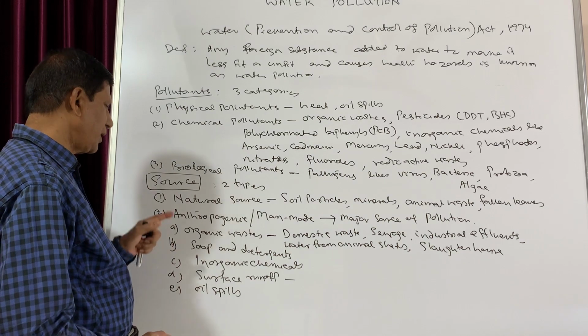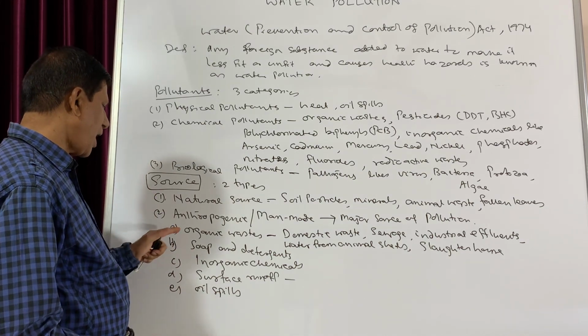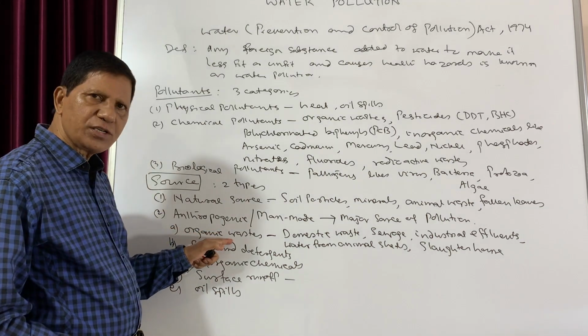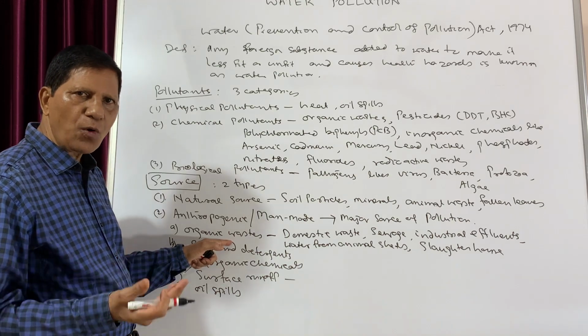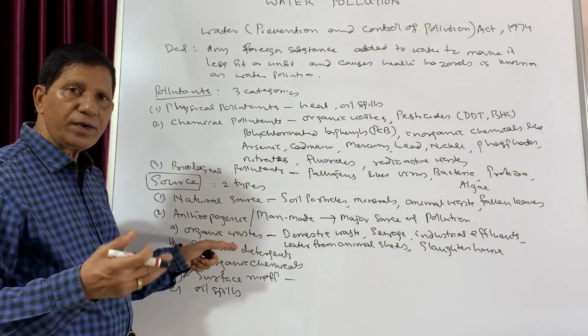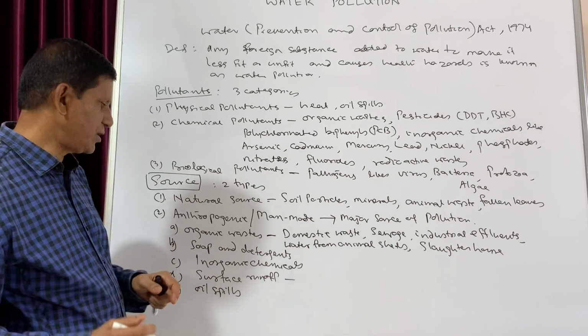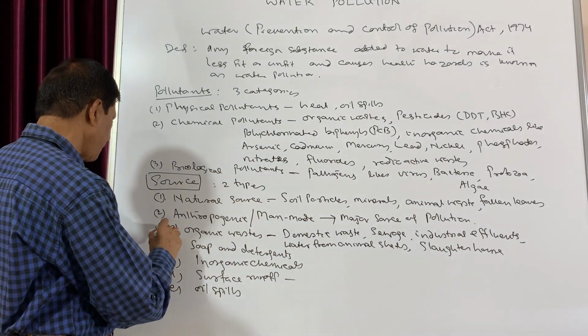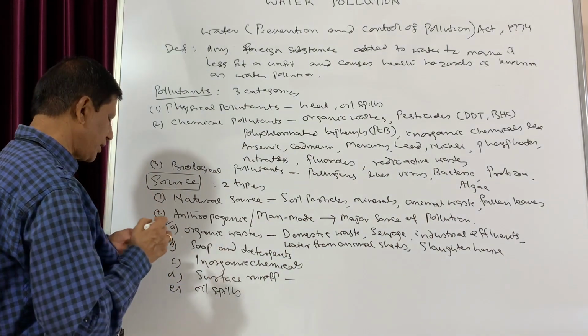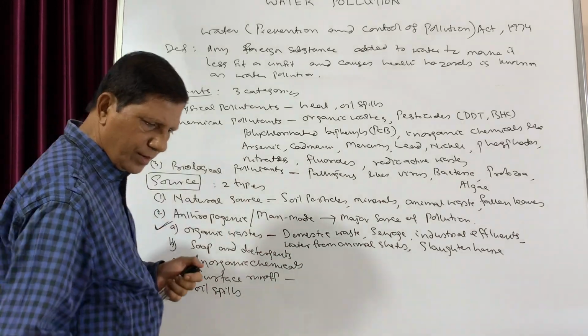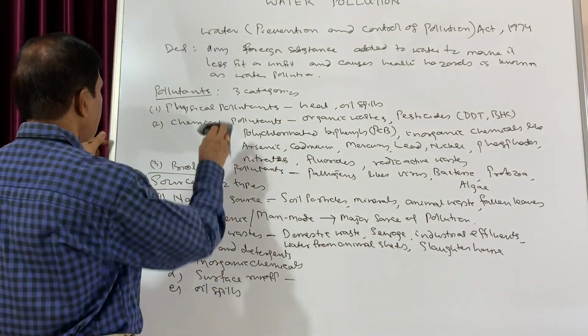Now, from this we will discuss what the different organic wastes are and how they behave in nature. We will give importance to the first one, that is the organic waste, and discuss that one in detail.